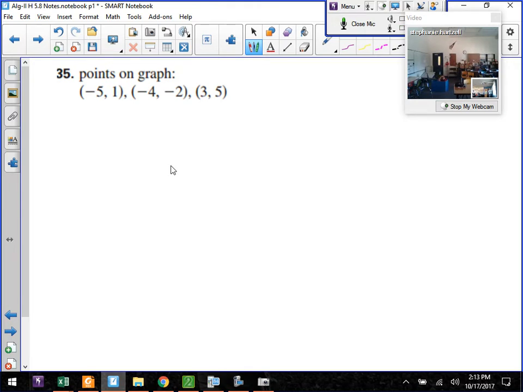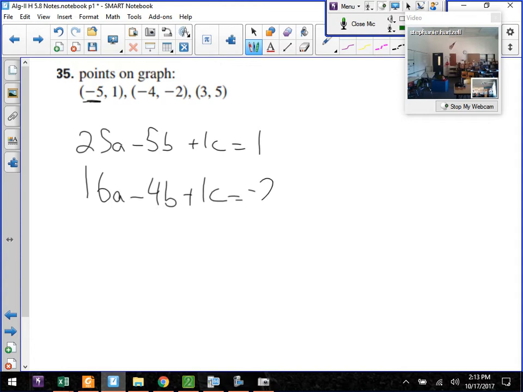Guys, take your x squared: ax squared plus bx plus c is y. So 16a minus 4b plus 1c is -2.